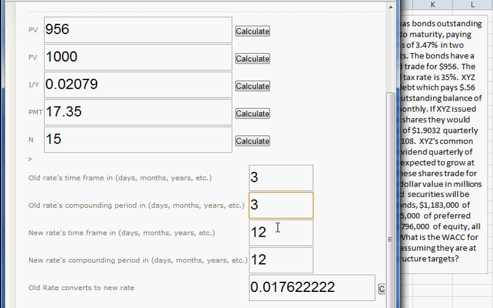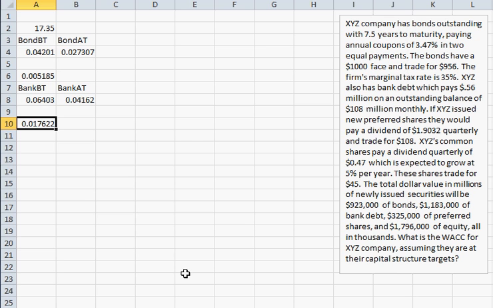We go from quarterly to annual. Get our required rate of return on preferred stock before tax. Okay, preferred stock after tax is equal to the before tax return because dividends paid to preferred shareholders are not tax deductible.